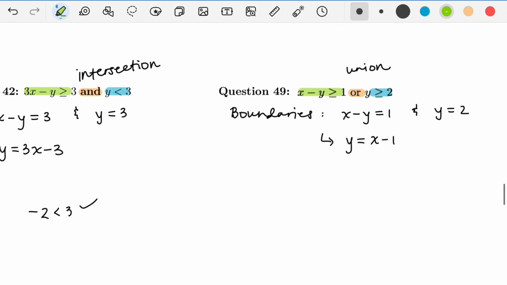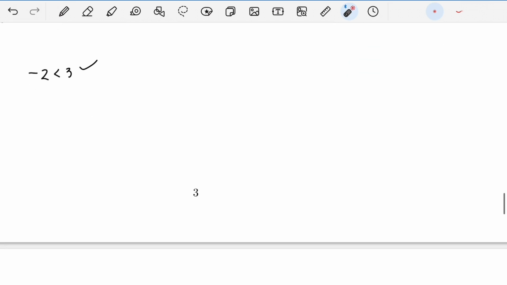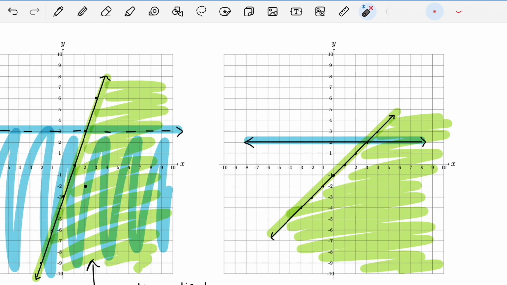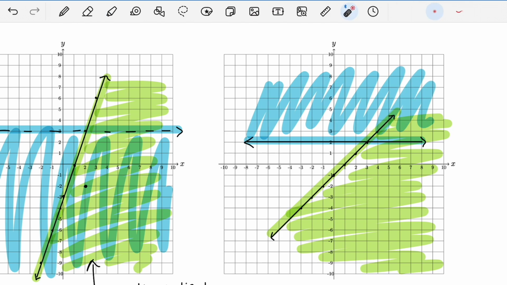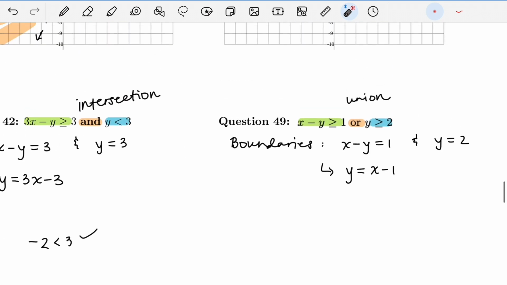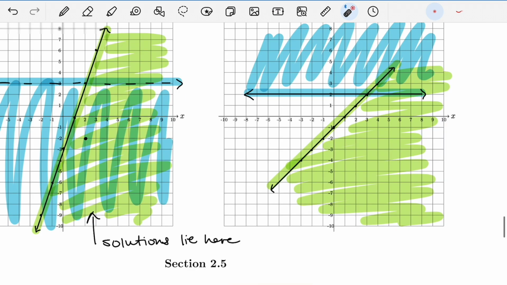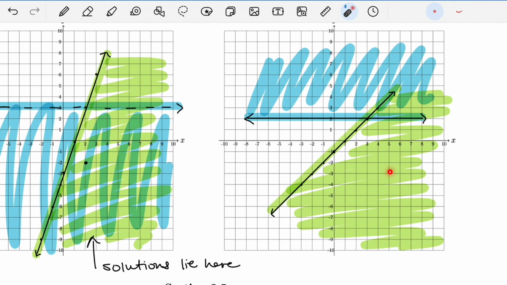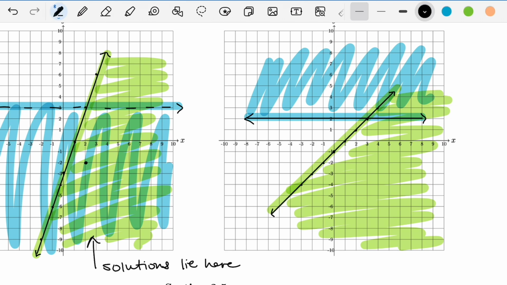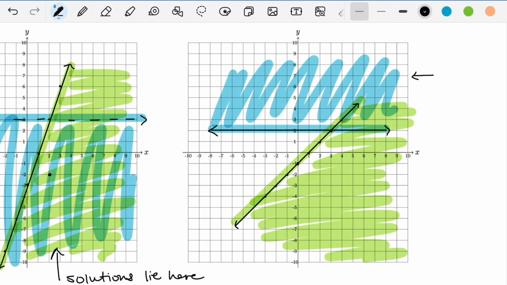Now for y is greater than or equal to 2, it's going to be everything above this line, right? If this y value is 2 here, it's going to be everything above it. Now, since we're looking at the union of this, we're looking for all solutions that'll satisfy this one or satisfy this one. So our solutions are going to be everything in all 3 of these shaded regions. So we'll just say that here.